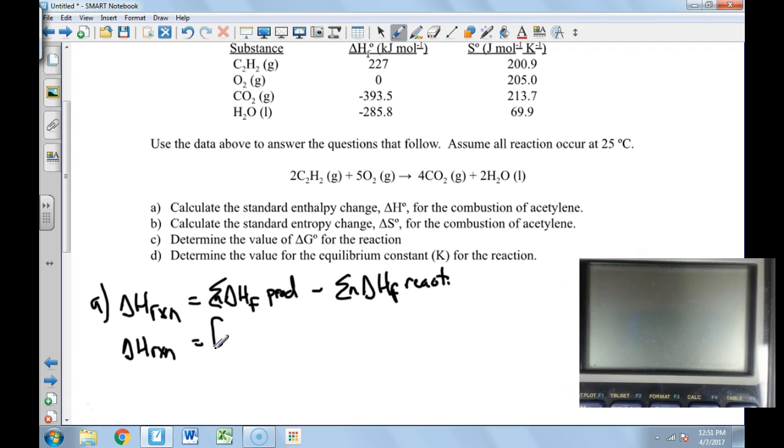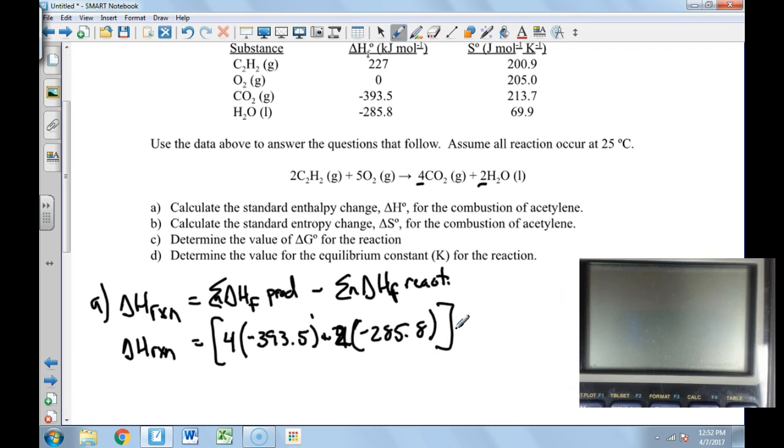So I always put it in brackets. And so the products, there's 4 carbon dioxides times negative 393.5, plus 2H2O, which is 2 times negative 285.8.